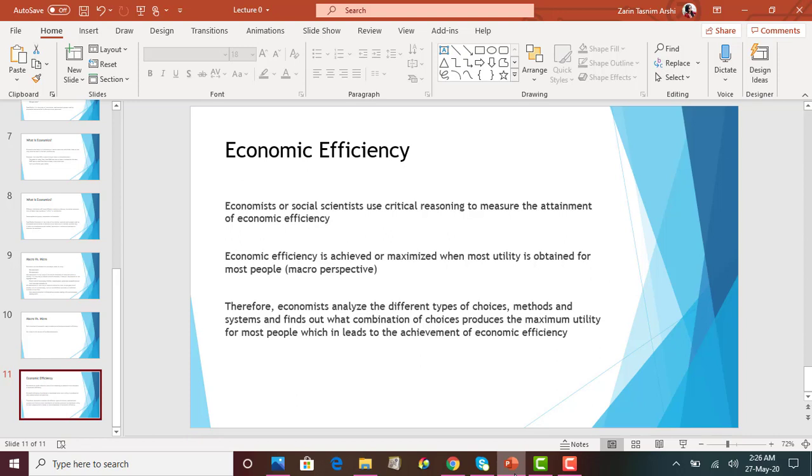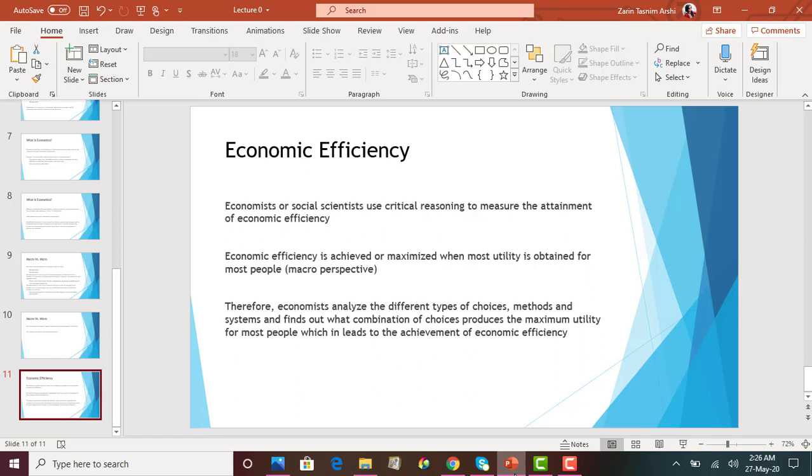Economists or social scientists use critical reasoning to measure the achievement of economic efficiency. Economic efficiency is achieved or maximized when the most utility is obtained for the most people. So just what I said, from the macro perspective, let's say in a city, if the utility is maximized for most of the people of the city, then economic efficiency is achieved. Maximizing the utility or satisfaction will create economic efficiency.